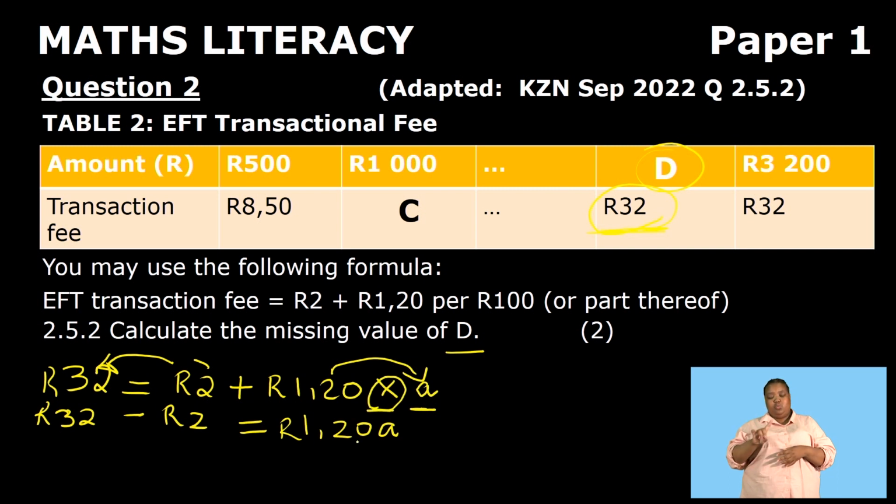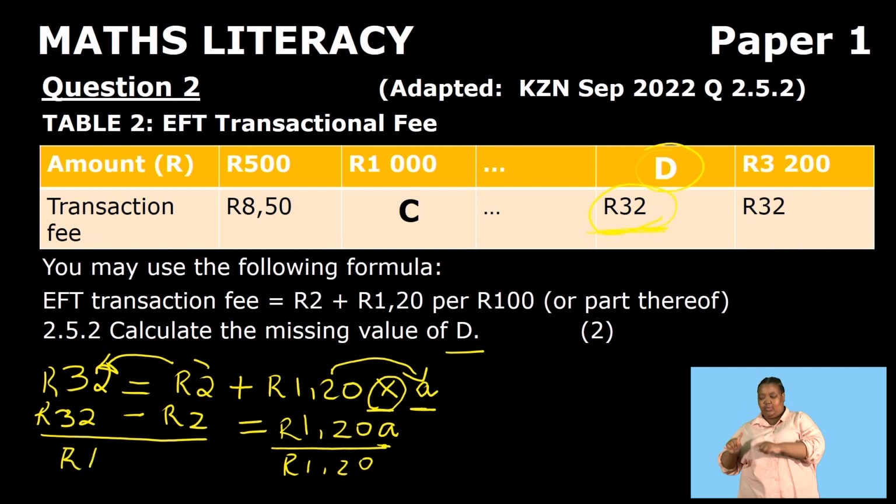Because now we are multiplying, we are going to remove the operation of the multiplication sign and leave it to 1.20A. So now, because we are simplifying, or we are solving for A, we are going to divide both sides by 1.20. What you do on the right must also be done on the left.